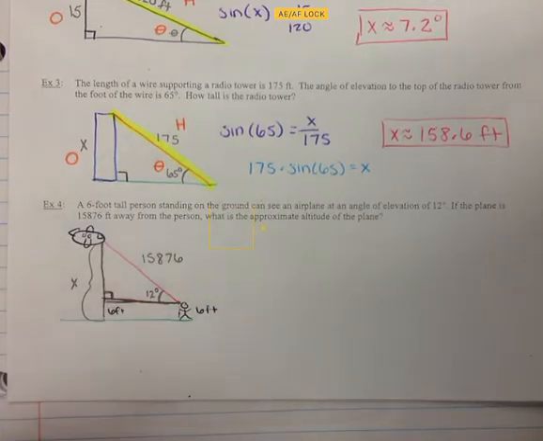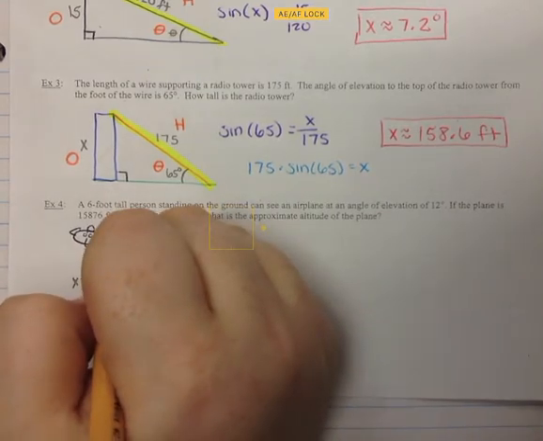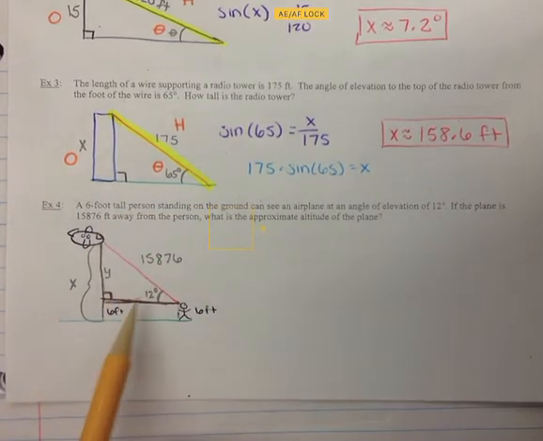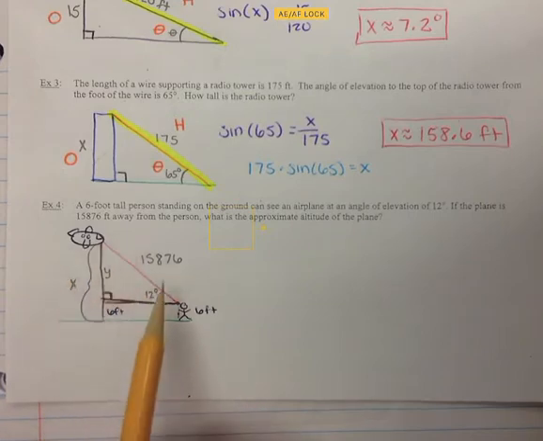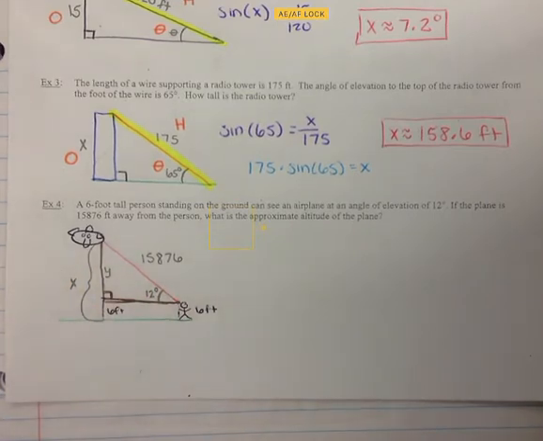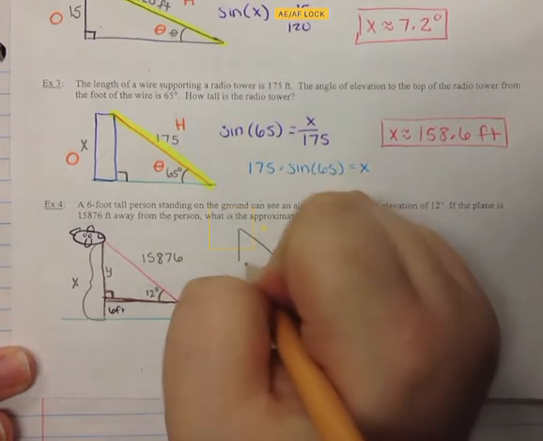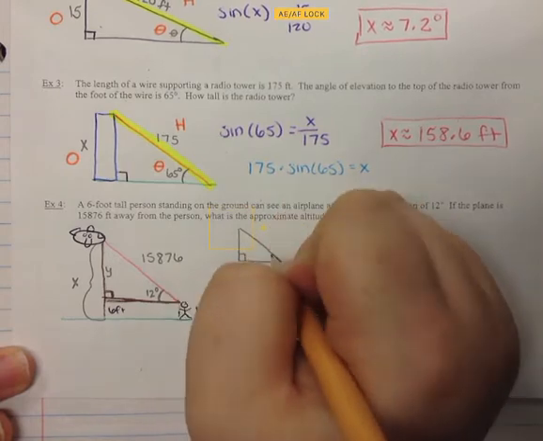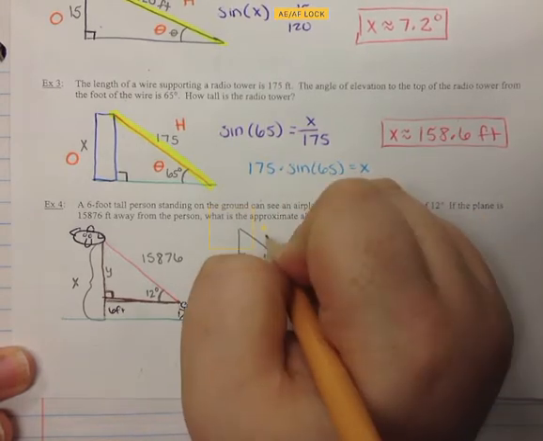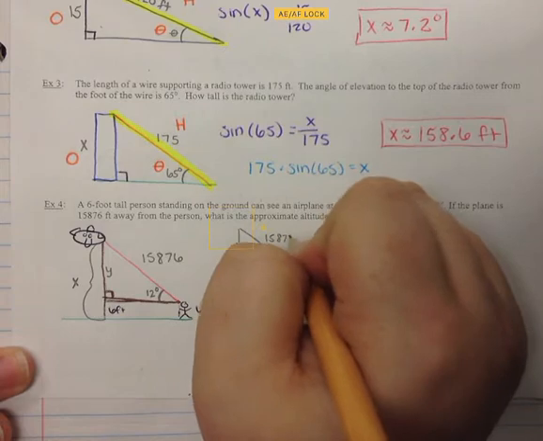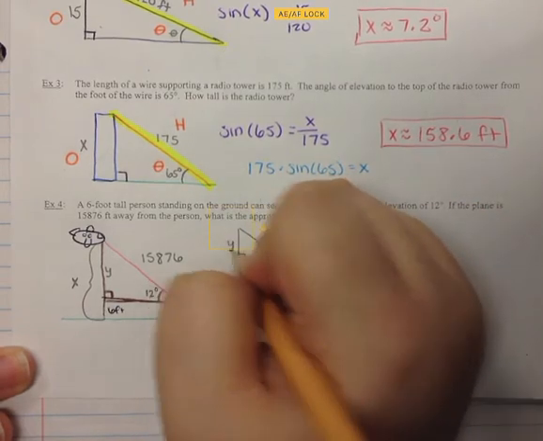So if I use the letter Y for this instead, because I need to find this part, using the right triangle only right now, if I were to separate this and draw a right triangle, I would have my 12 degrees here, my 15,876 here, and my Y here.